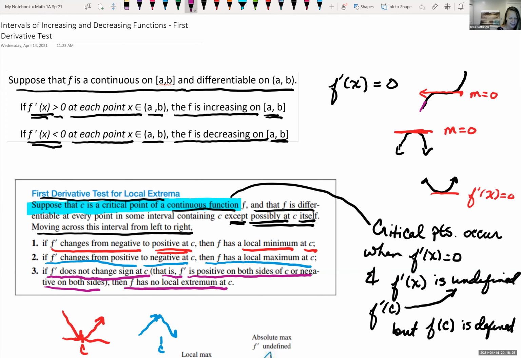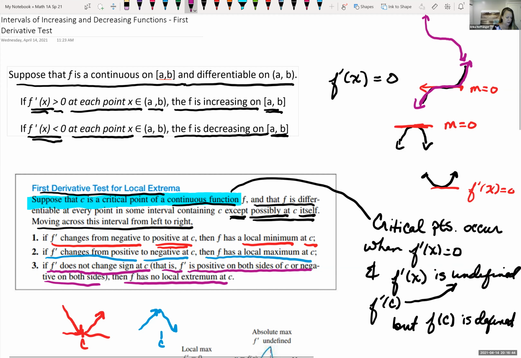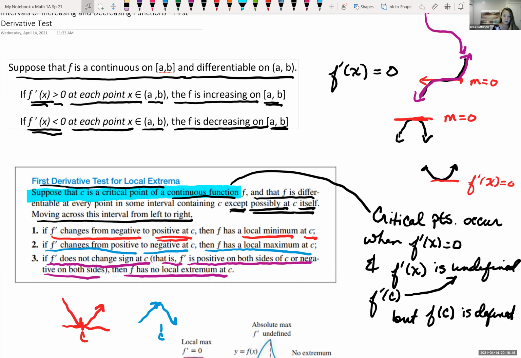This would be the case up here where it leveled out, but then continued in the same direction. It could be decreasing, level out, and then continue in the same direction. If that's the case, then there's no local extrema at c.